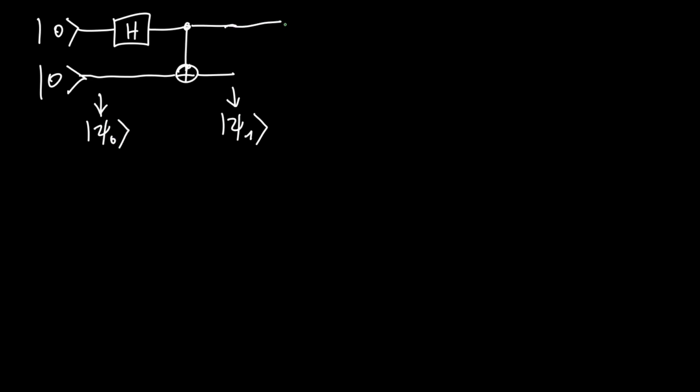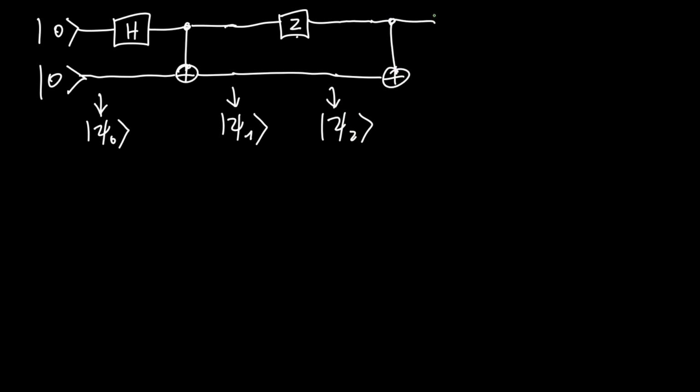Then we're applying the Z gate, and then this is psi 2. Then we're again applying CNOT and Hadamard gate. I'll see what it becomes. So first of all, Hadamard to 0.